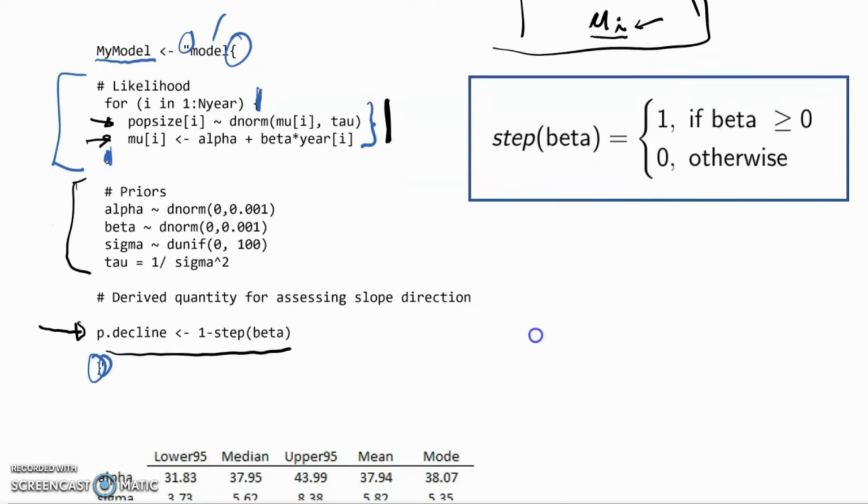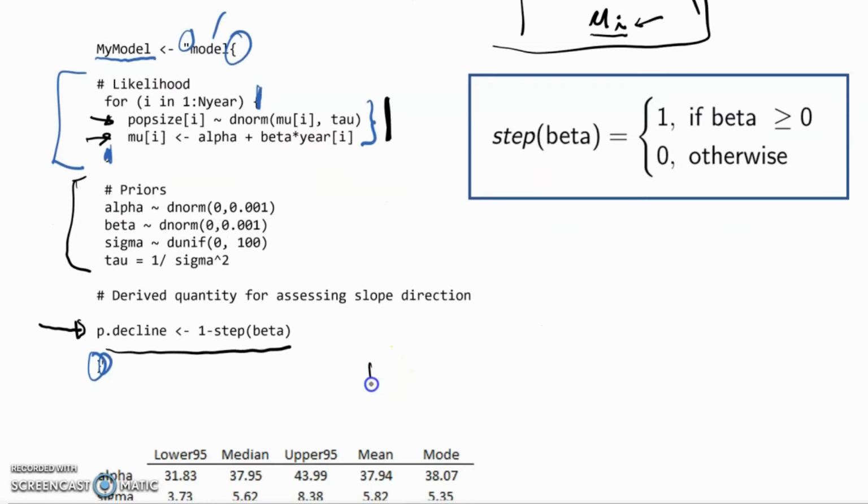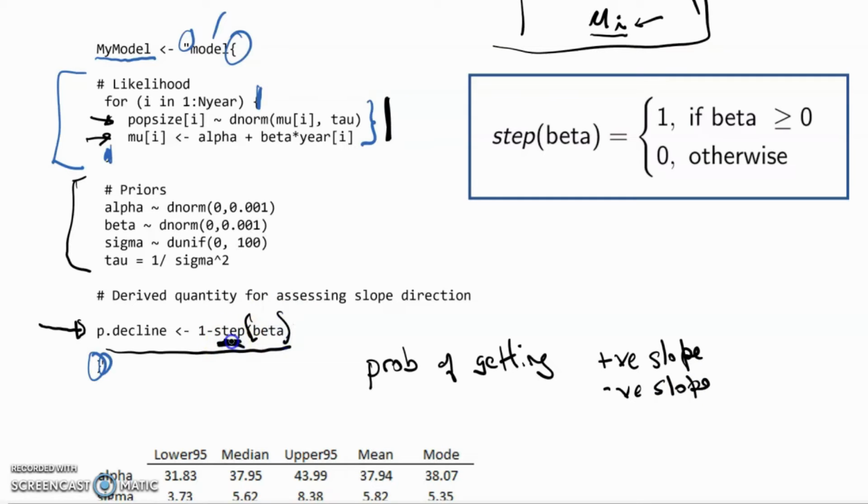What we're trying to do is determine the probability of getting a positive slope versus a negative slope. And the function we're going to use is this step function. So there's the step function. So how does the step function work? Well, it's going to operate on beta, which is our slope.